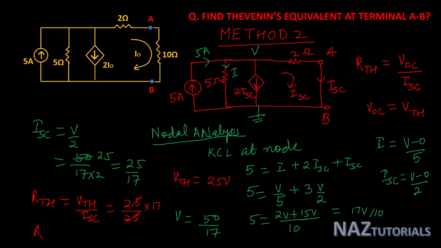So here we get the value of RTH is 17 ohm. So this is the concept of method 2. Hope you understand the concept of calculation of RTH in a dependent source circuit.